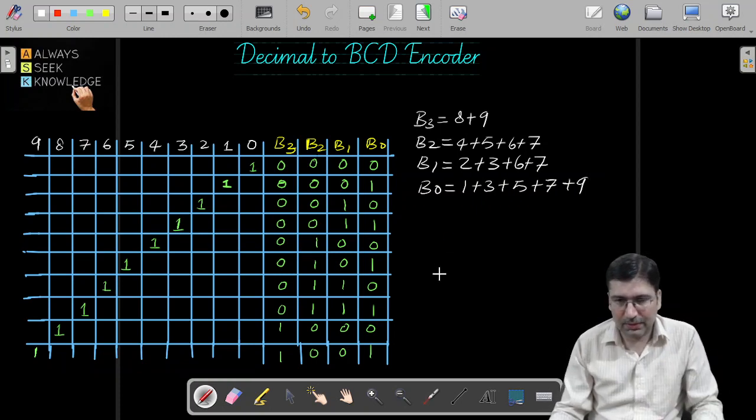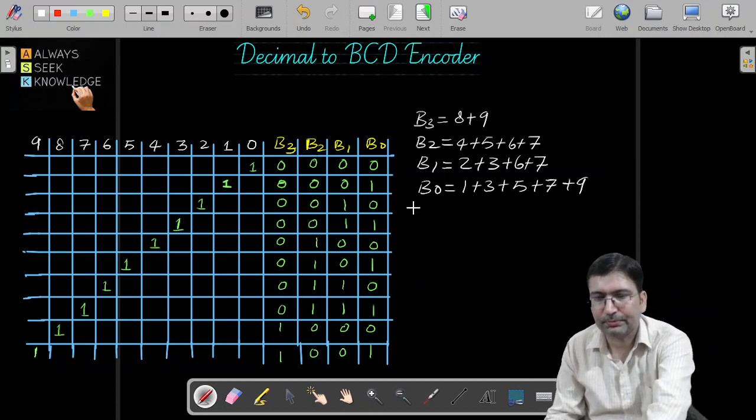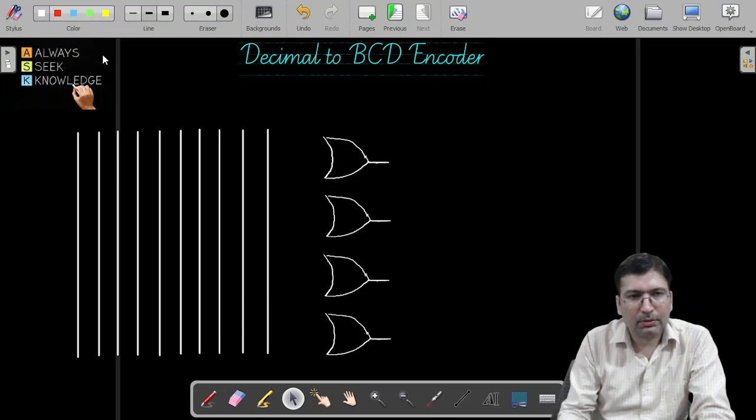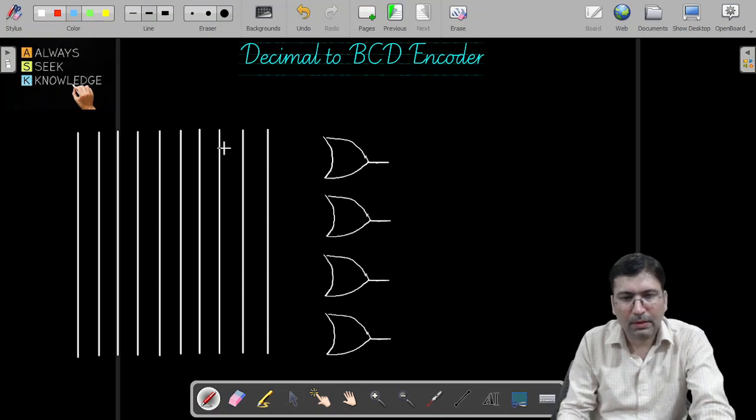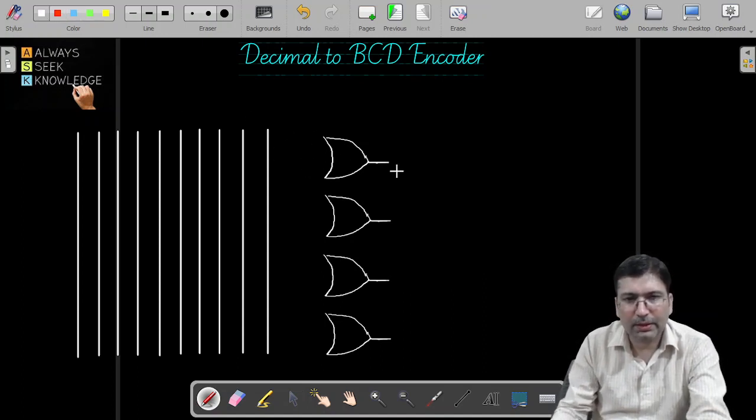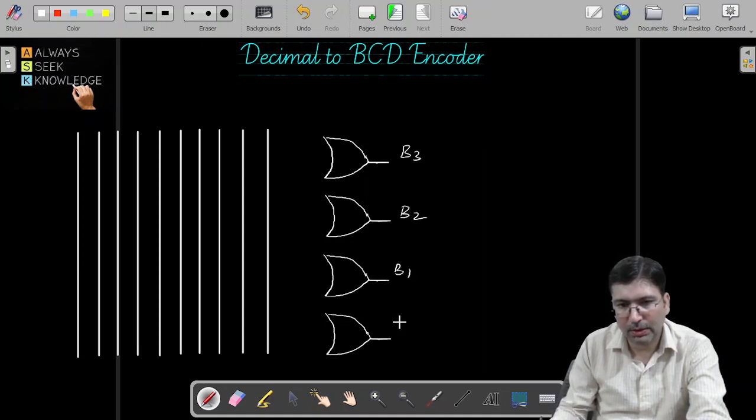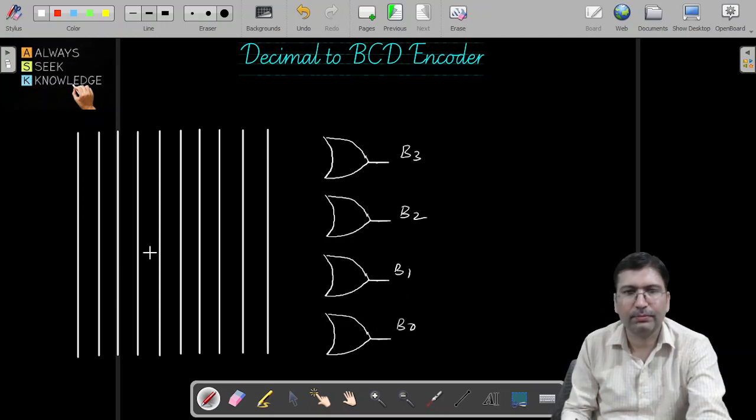If we represent this, we will have 9 input lines, and we can connect them with 4 OR gates. So let's draw the circuit quickly and make the connections. Assume these outputs are B3, B2, B1 and B0.